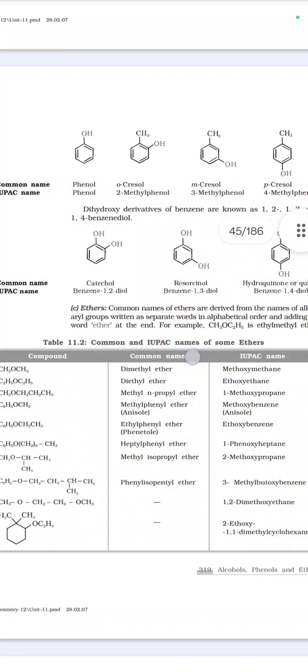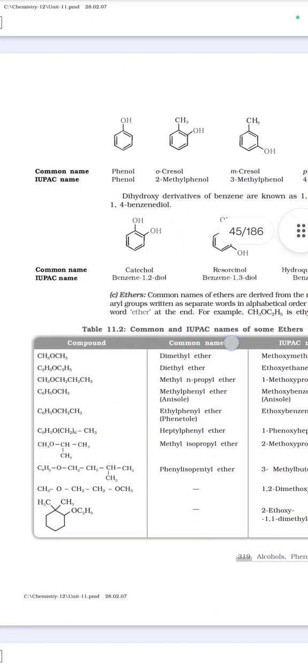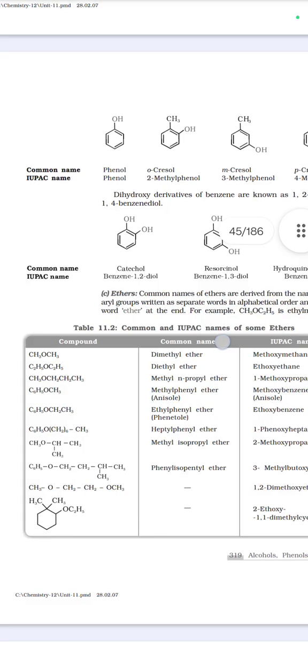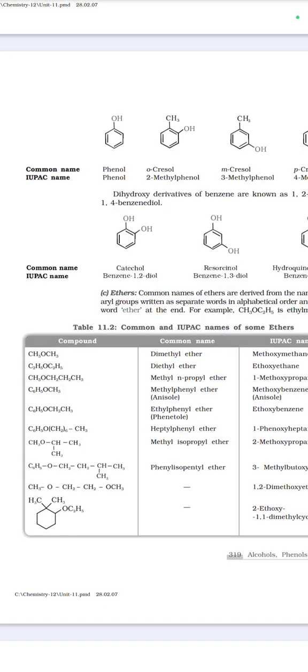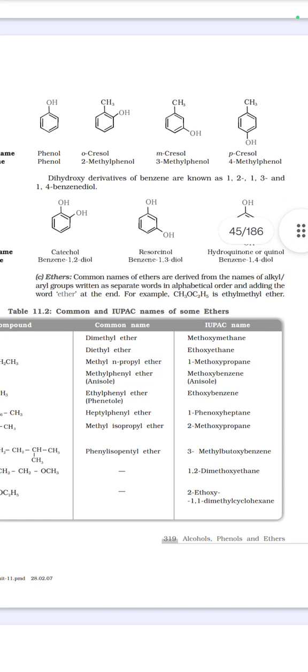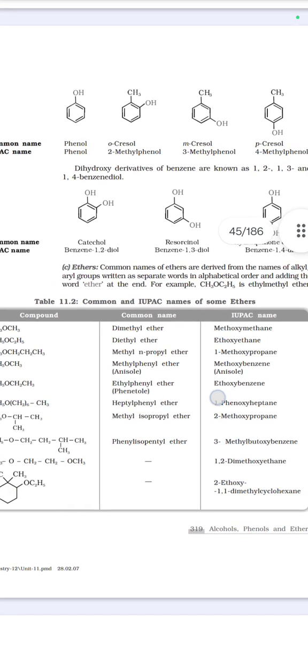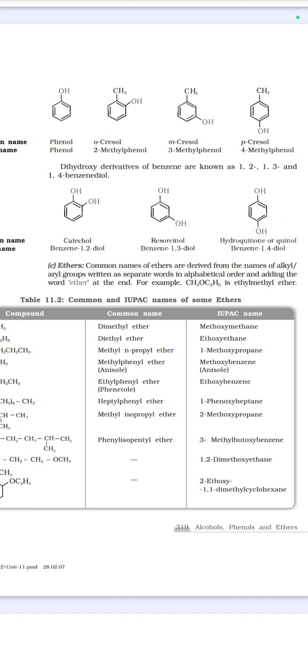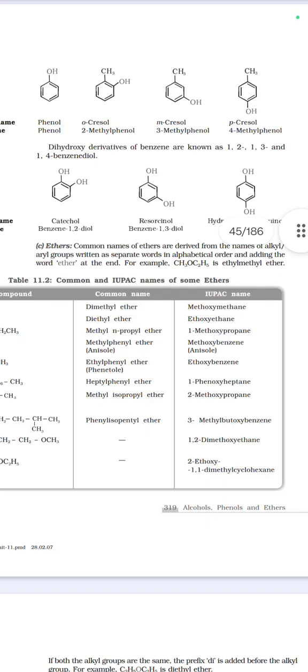Here are the structures of some compounds like phenol with their common names and IUPAC names. Phenol. Ortho-cresol, 2-methylphenol; meta-cresol, 3-methylphenol; para-cresol, 4-methylphenol. Dihydroxy derivatives of benzene are known as 1,2-, 1,3- and 1,4-benzenediol.